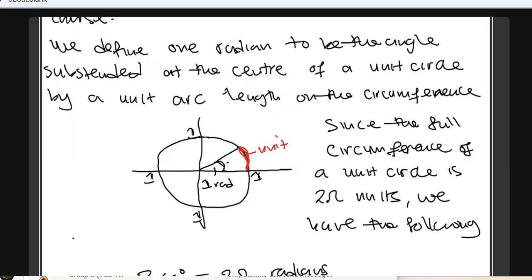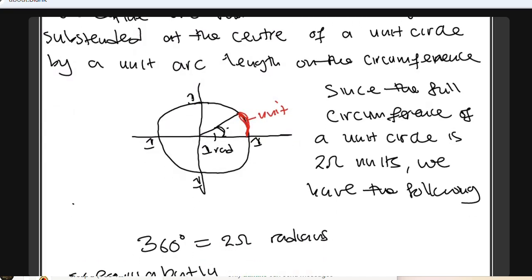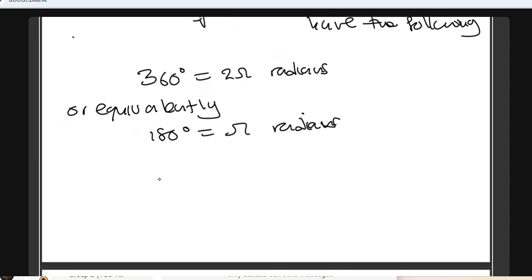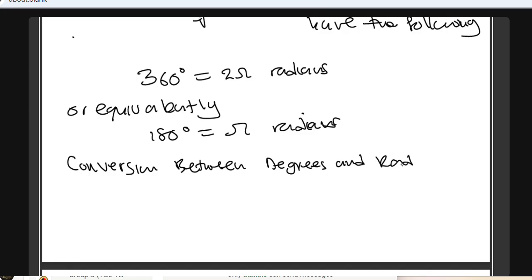So let us look at the conversion. We just write the compact form. Conversion between degrees and radians.